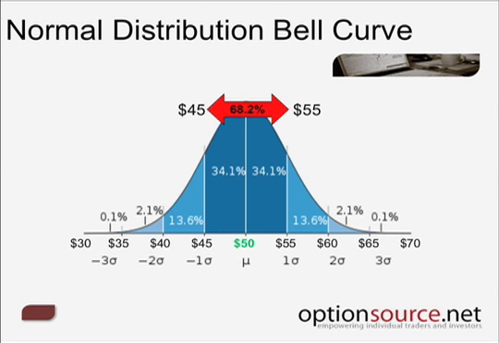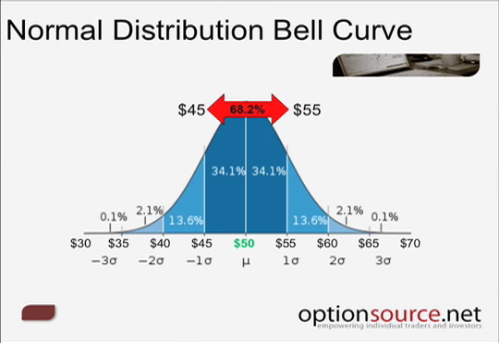Now, in this scenario here, as I said, the market maker is looking at the underlying security remaining between $45 and $55 within a certain time frame, and they've essentially established a 68.2, or close to a 70%, probability that that's going to take place.